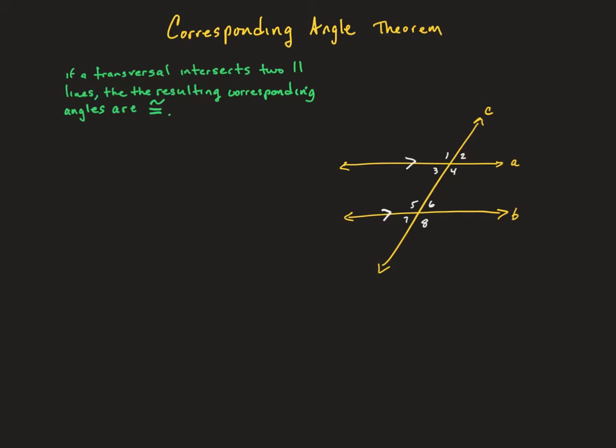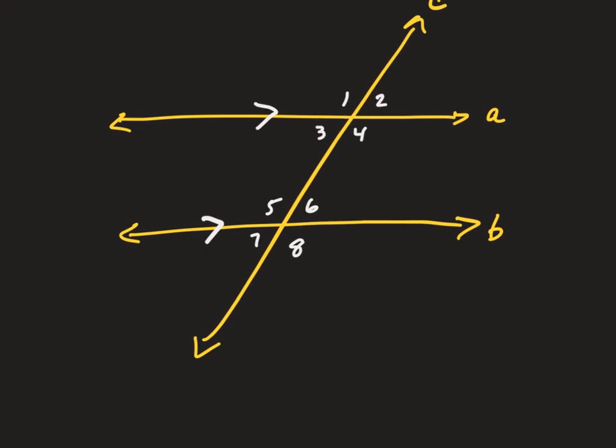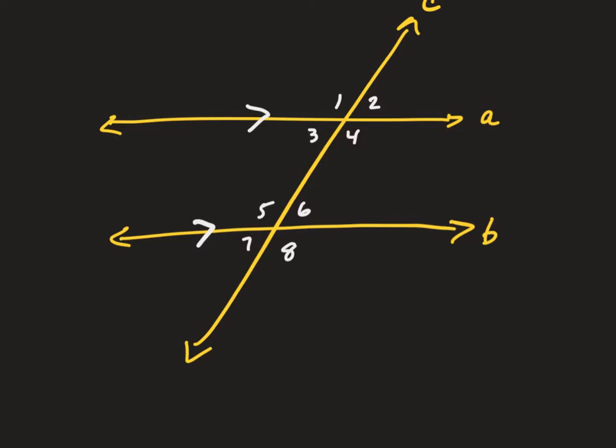But let's look at this from the information that we know about angles. We know that this is a straight angle, so angle 1 plus angle 3 is equal to 180 degrees. And angle 1 and angle 4 are vertical angles, so they're congruent.